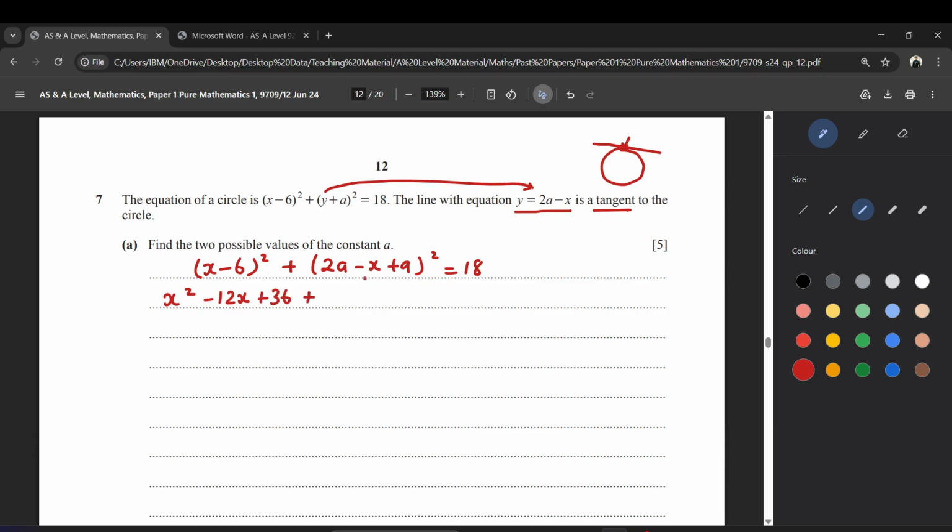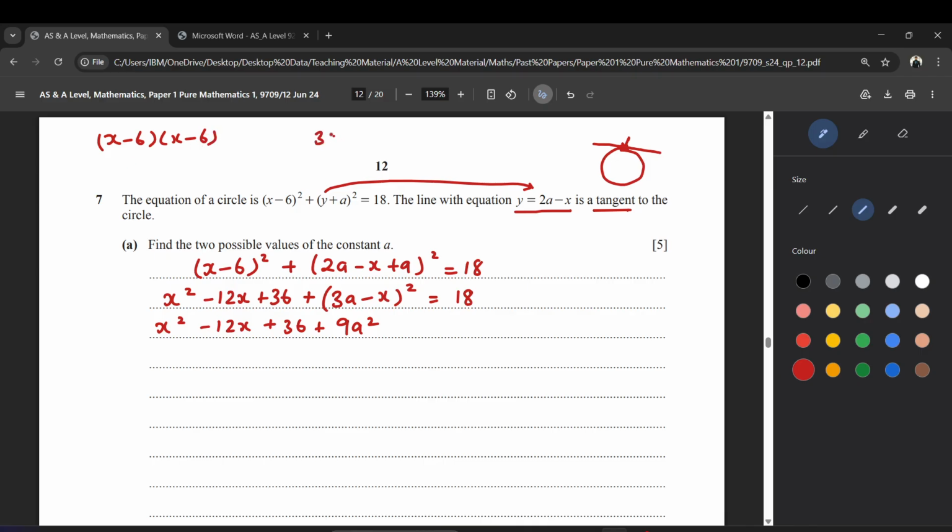Plus here this becomes (3a − x)² = 18. Then we have x² − 12x + 36, then this becomes (3a − x)².